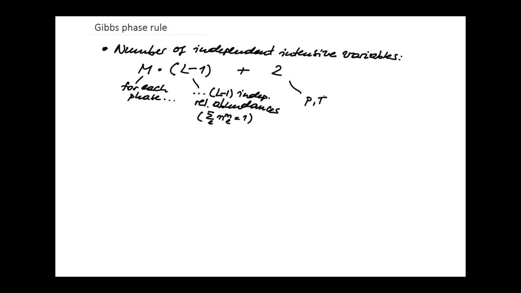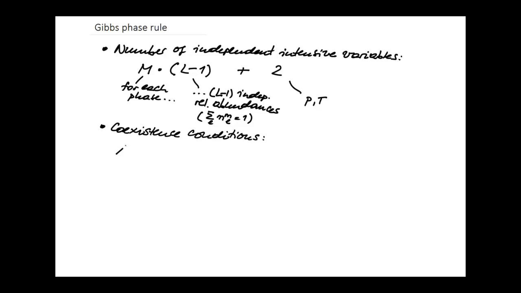Now, in order for these phases to coexist, certain coexistence conditions must be met. We had learned earlier, when we talked about one type of molecule only, one substance only, that the coexistence condition is that the chemical potentials are equal.